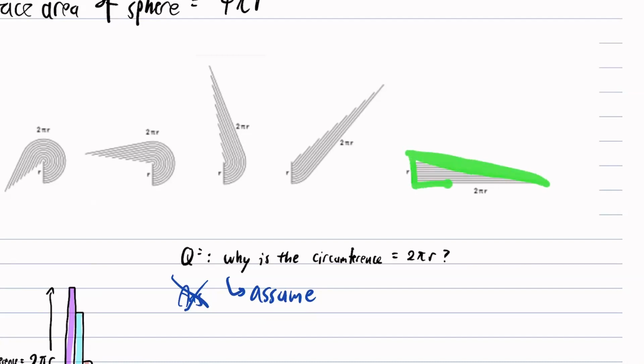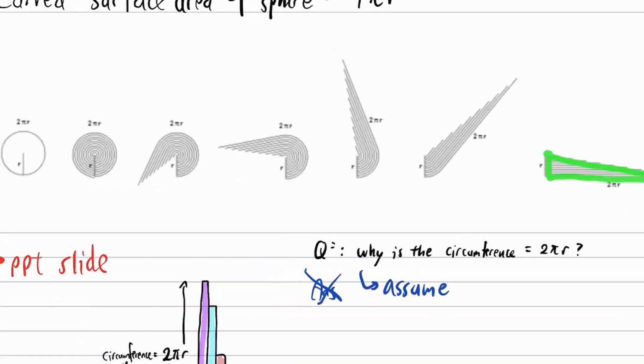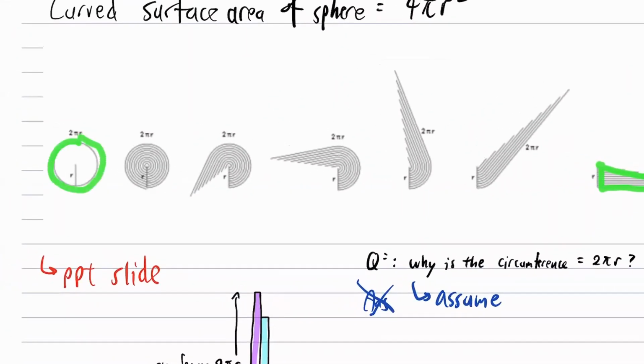So what shape do you form now? What shape is this, roughly? Triangle. It's a triangle. Yes. So you can imagine if you take a very big circle and chop it up very finely, like an onion, into many small layers, many small rings, you can eventually unroll it.